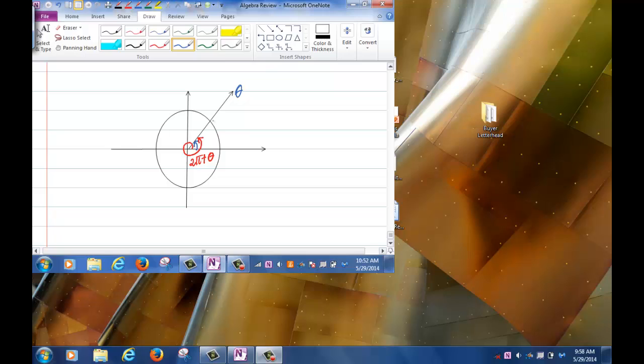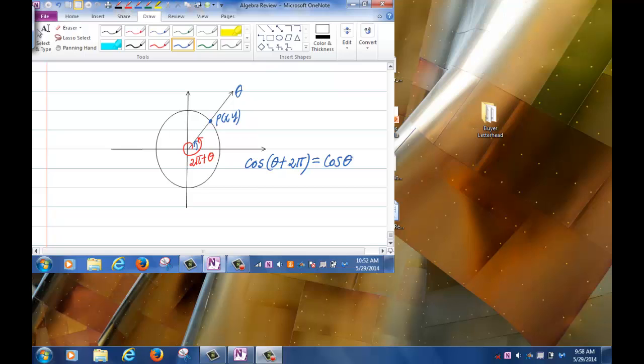Let's say that this point is P, and what if I have negative, well, I'm going to see that later. So can I say then cosine of theta plus 2 pi is the same as cosine theta, right?